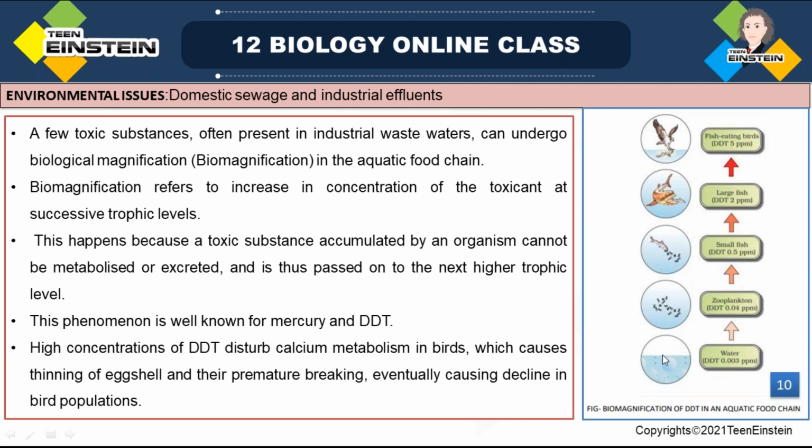So in this picture you can see biomagnification of DDT in an aquatic food chain. The concentration of DDT is increased at each trophic level. Here you can see the DDT concentration level is increasing in successive trophic levels, and it is starting from 0.003 ppm.